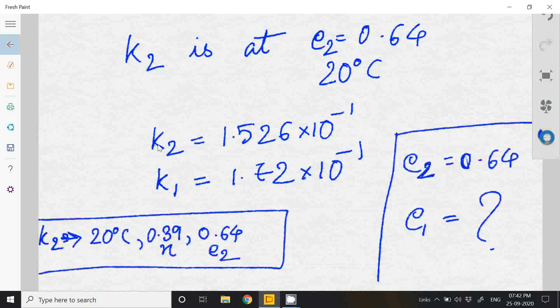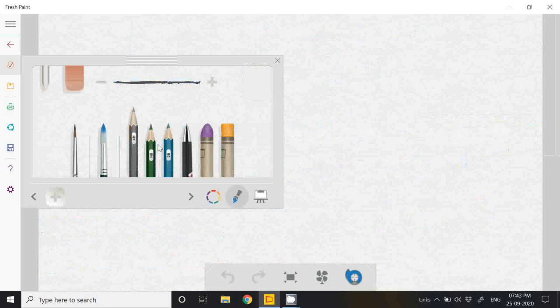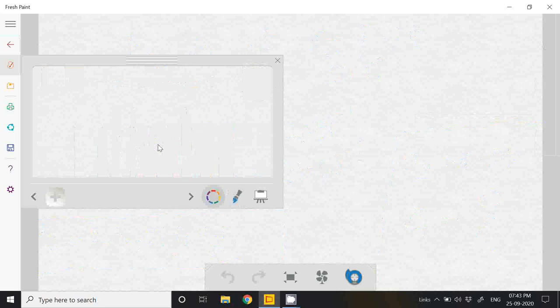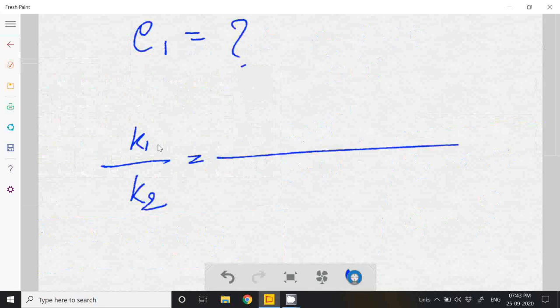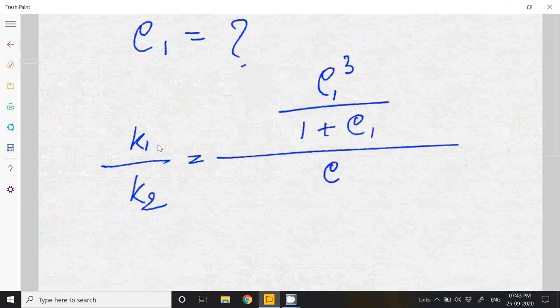In this case, I will leave it to you all. How will you find e1? If you are told in the question to find e1 also, the void ratio in the initial stage: the void ratio in the final stage we have got from the porosity value of the final stage, because porosity was given in the final stage. So we can get it by this equation: K1 by K2 is equal to e1 cube by 1 plus e1 into 1 plus e2 by e2 cube.